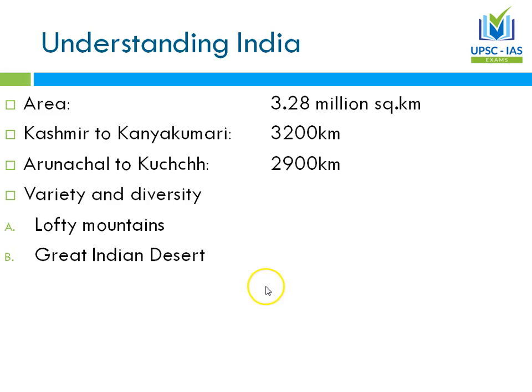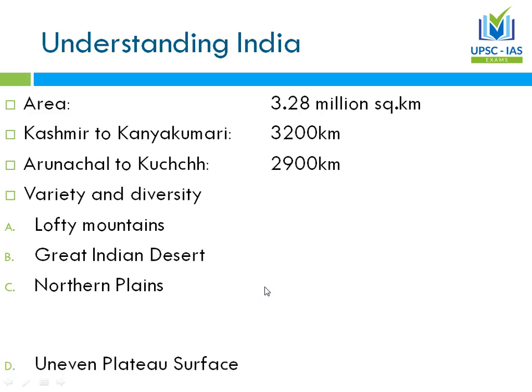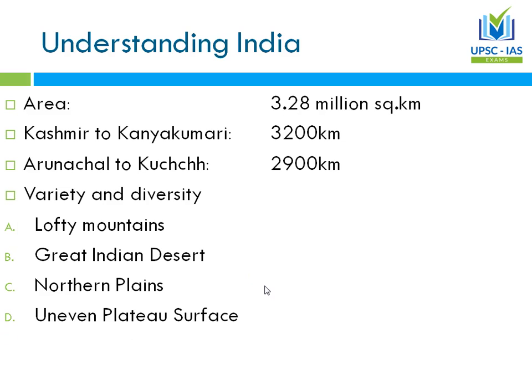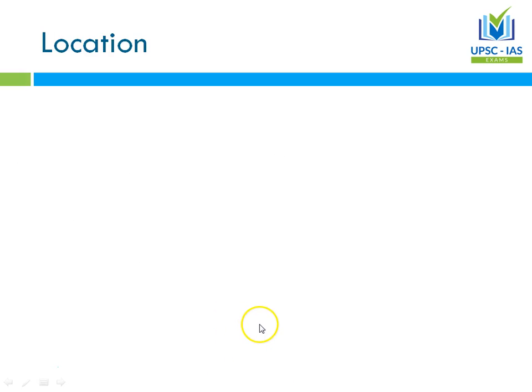Then we have the great Indian desert as well. We have the northern plains. We have the uneven plateau surface. We have coasts, and we have islands. Right? So you have A, B, C, D, E, and F. Lofty mountains, great Indian desert, northern plains, uneven plateau surface, coasts, and islands. Right.